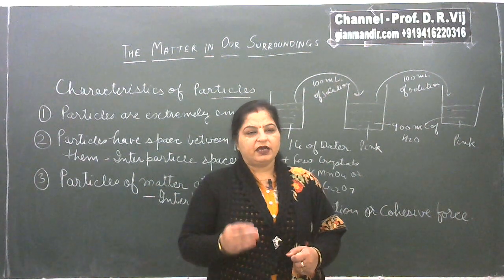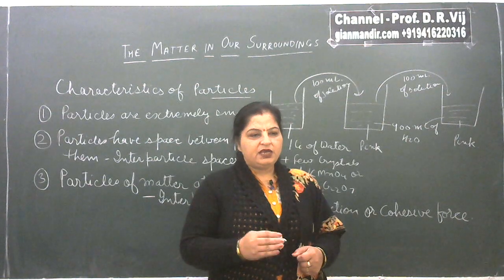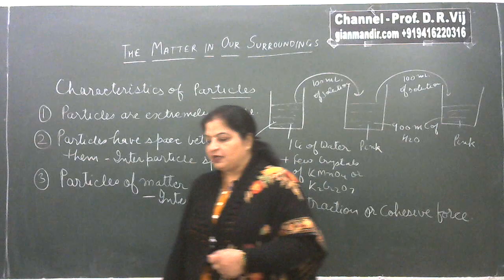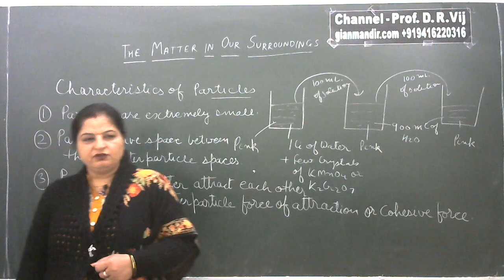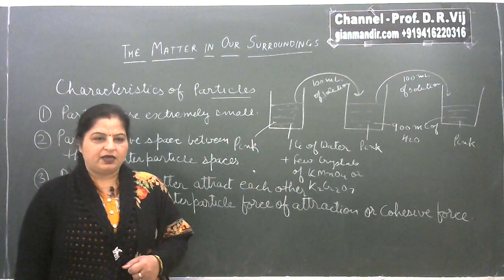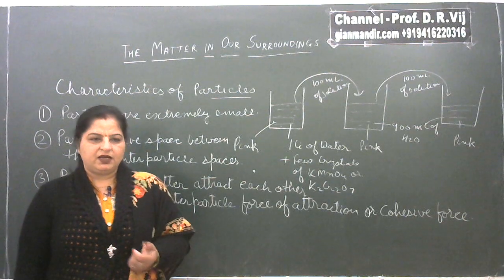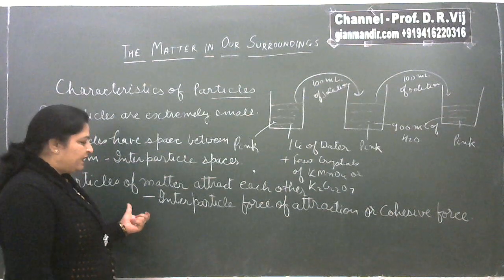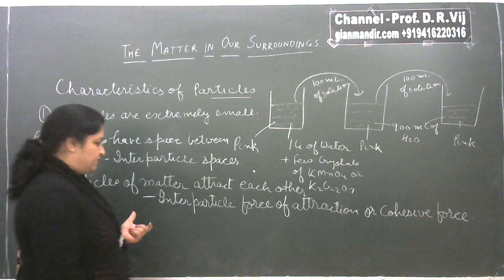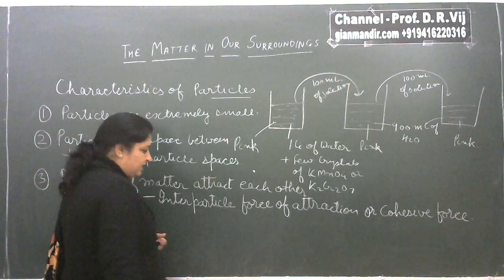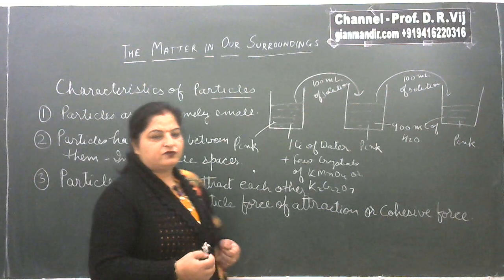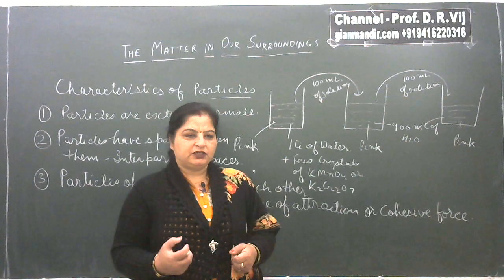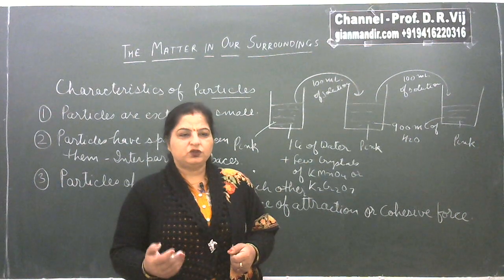So the nature or extent of force of attraction varies from matter to matter, and based on that only the matter is further classified into three states of matter, that is solid, liquid and gas, about which we will be discussing in our next lectures, right? But right now there is a very interesting fact that all these particles have some force of attraction, and as I have said, these forces of attraction vary from matter to matter.